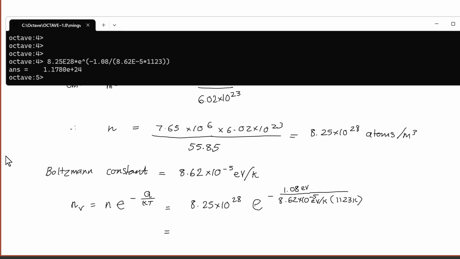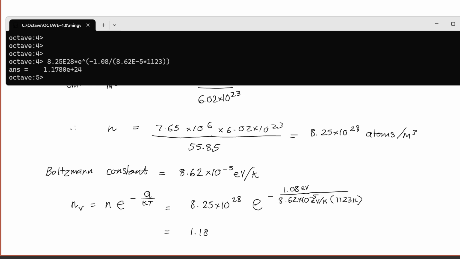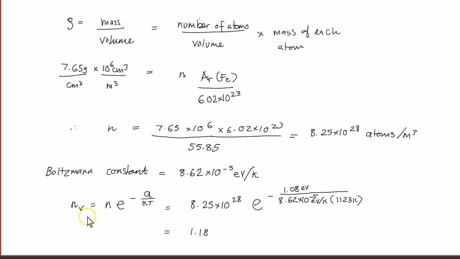After calculating that out, I got 1.18 times 10 to the 24 vacancies per meter cubed.